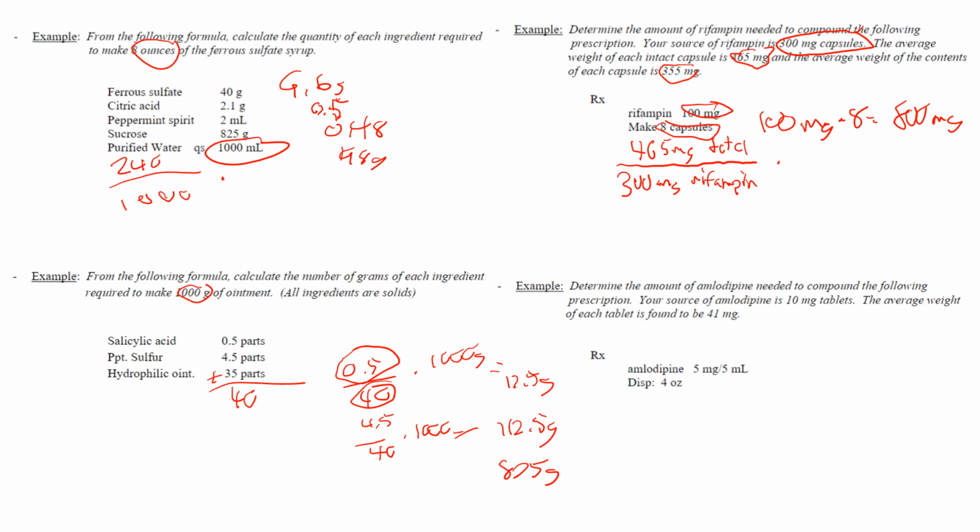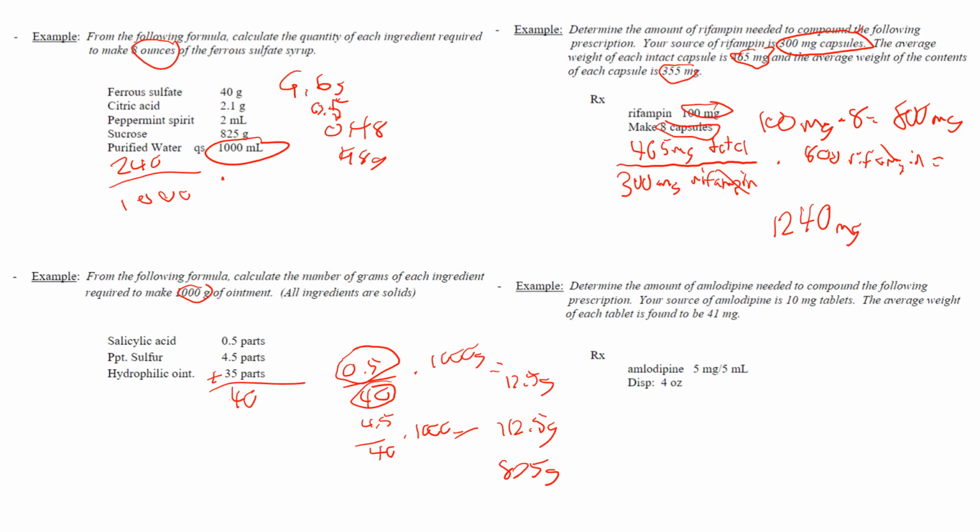And so what we do is multiply by the 800 milligrams of rifampin we need. Let me plug that in my calculator really quick: 465 divided by 300 times 800 milligrams. Since our milligrams of rifampin cancel, this is our milligrams total. So we get 1240 milligrams.